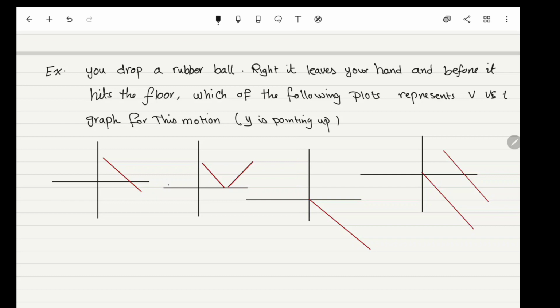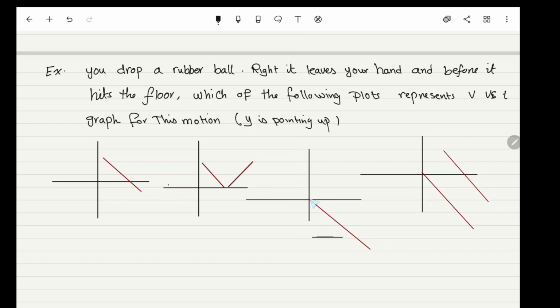And since y is directed upward and the ball is falling down, its velocity is negative. So the best curve that represents this situation is this one here.